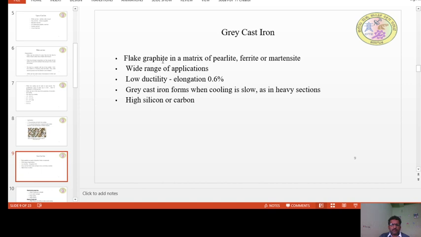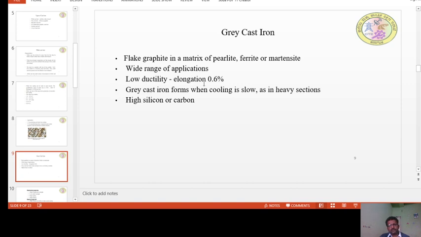The flake graphite in a matrix of pearlite or ferrite or martensite. So gray cast iron is nothing but graphite in the flake form, and the matrix can be ferrite. Wide range of applications.